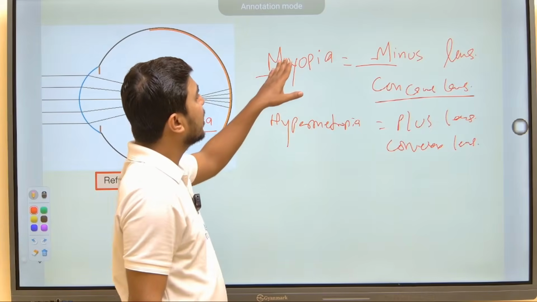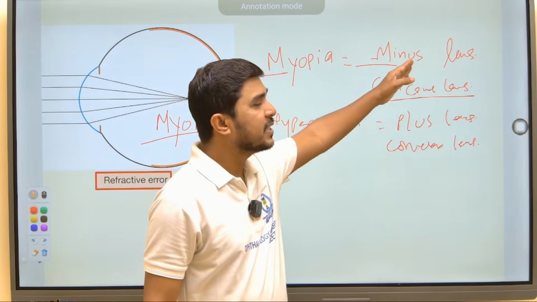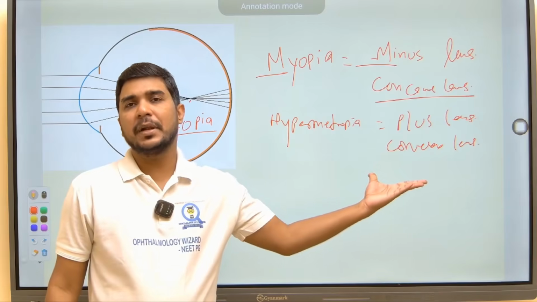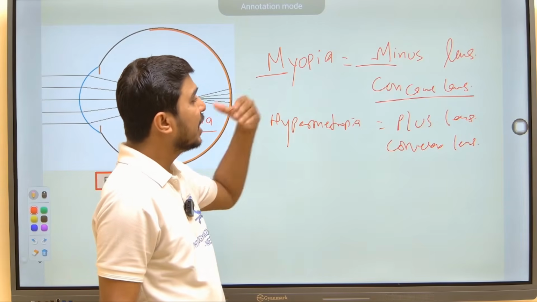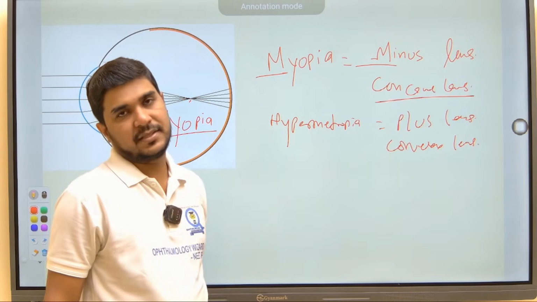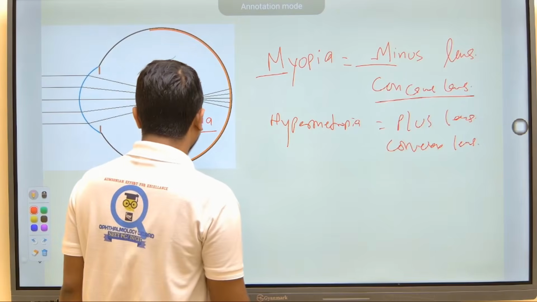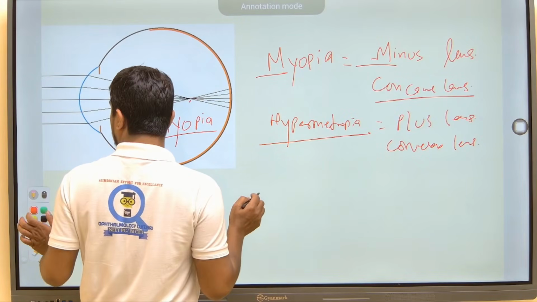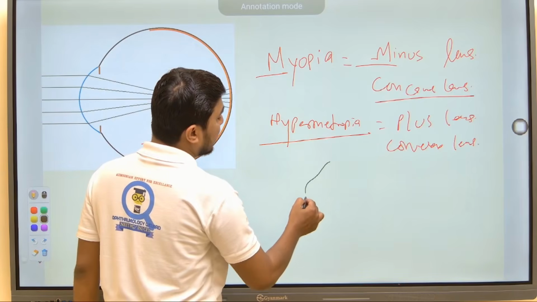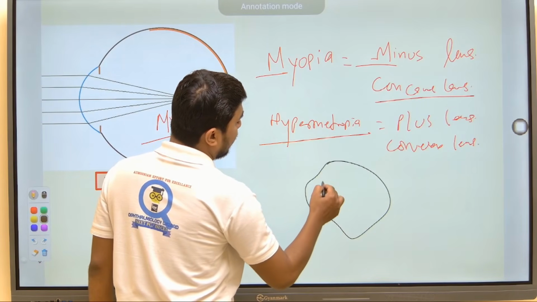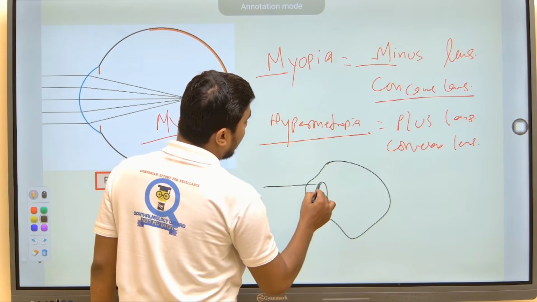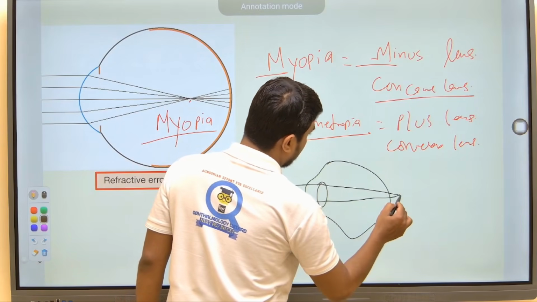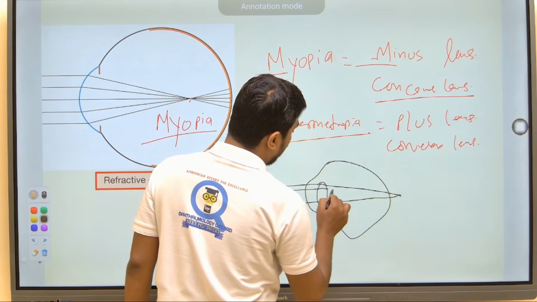So remember only this: myopia and minus lens, M. Okay, you will automatically get to know that hypermetropia will be plus. Concave lens and convex lens. This is very important to understand. Now, what is the hypermetropia ray diagram? The hypermetropia ray diagram will be like this. Right?